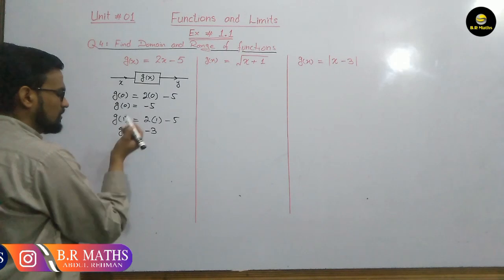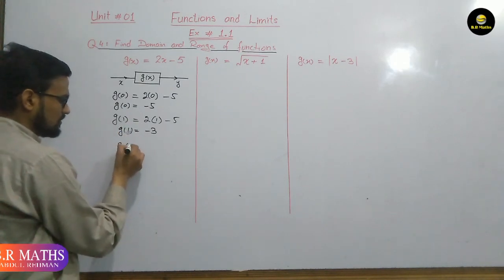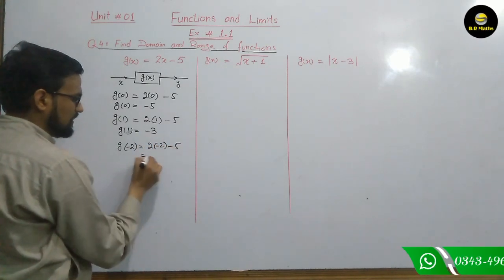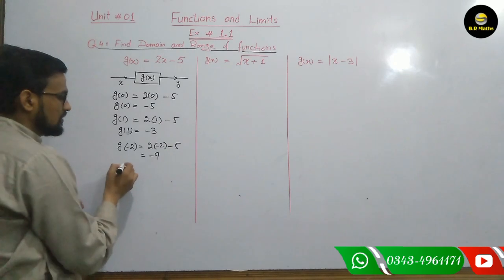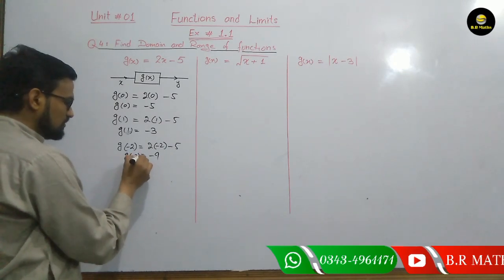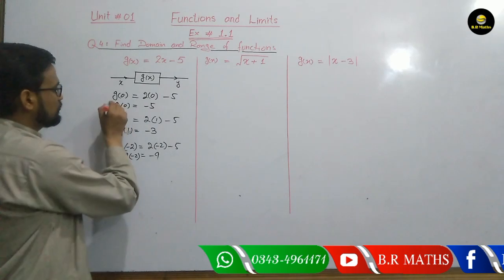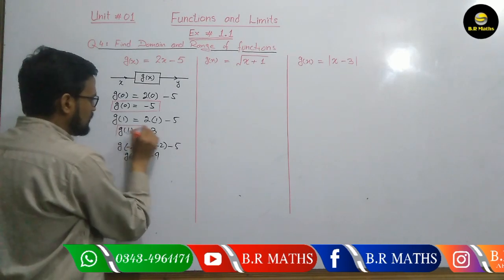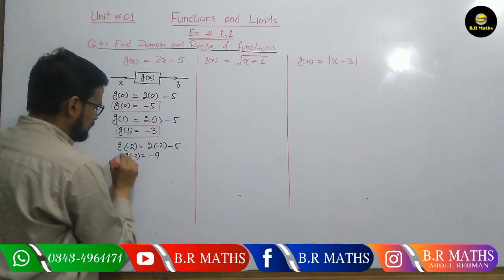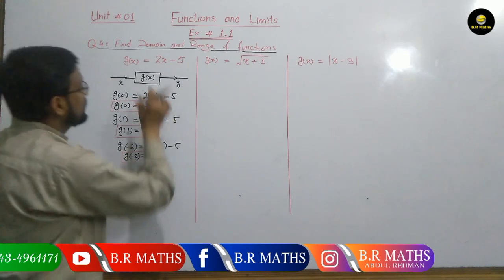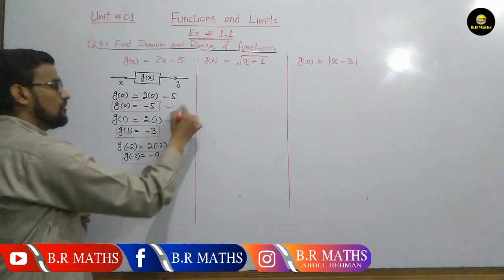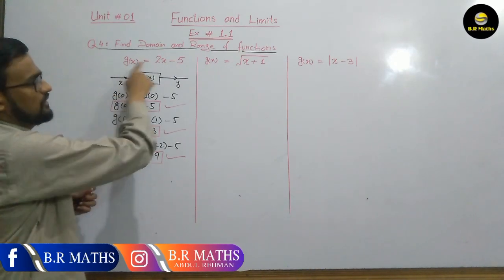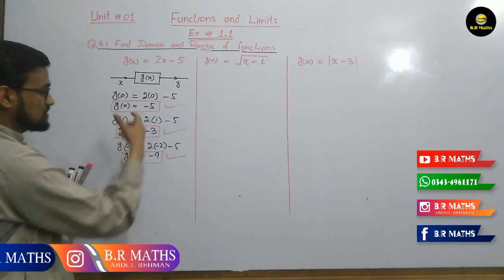And next, put a negative number, minus 2: 2 into minus 2 minus 5, and the result is minus 9. It means by these three results, positive, negative, and zero, you can put all values in this formula, in this function. It means all inputs have some final result, the range.